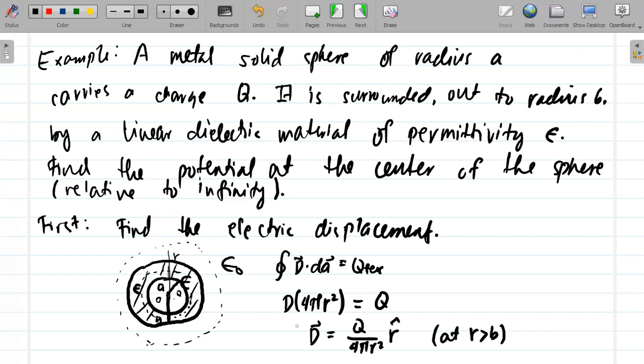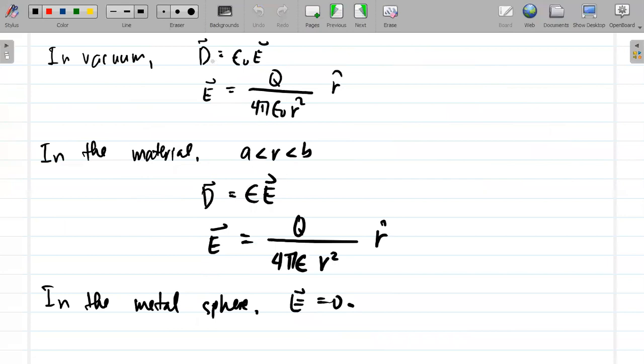Now, actually yung electric displacement, mas general siya kaysa electric field. Tignan nyo dito. 'Di ba ang electric displacement ay this one in vacuum. In the material naman, D equals this. So once you get the electric displacement, kaya nyo lang makuha actually yung electric field ng kahit anong medium. I-divide nyo lang ng epsilon yung electric displacement.